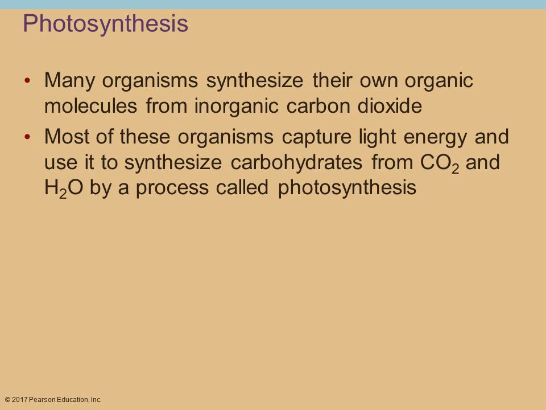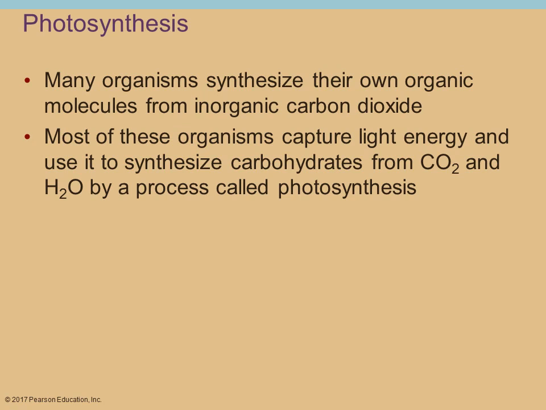Photosynthesis is a process where organisms, not all organisms, but some of them, are able to absorb solar energy, light energy, and they are able to use that through a series of reactions and produce ATP.